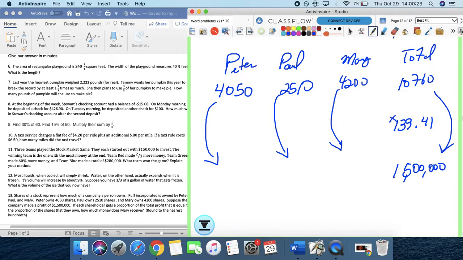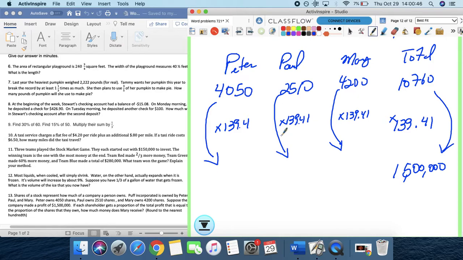So that's the factor that we have to multiply. So this times this equals 1.5 million, which means that I'm going to take every single one of them, the amount of shares that they have, and multiply by 139.41.